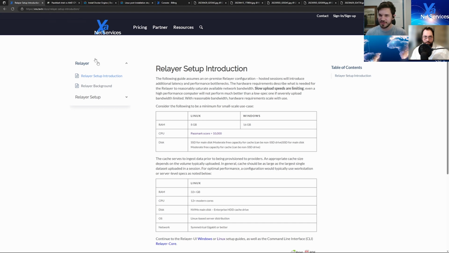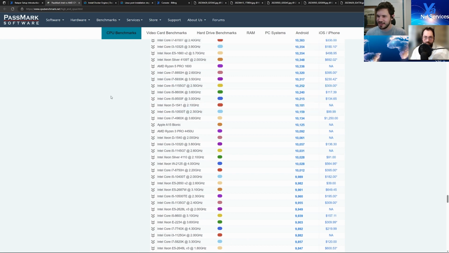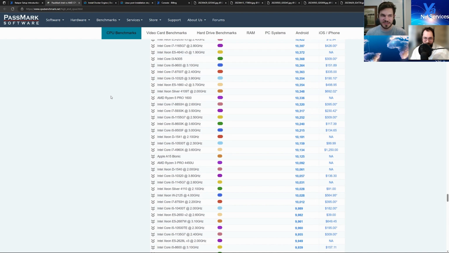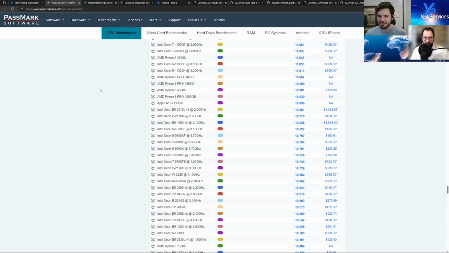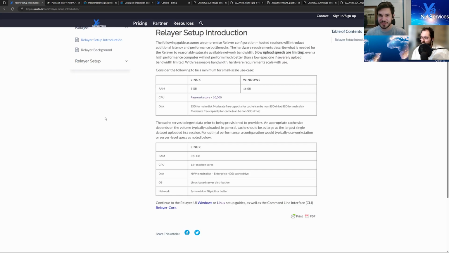If you open up Passmark, if you follow that link, this looks like, let's see, yeah, like an 8th gen i5 or i7, I guess a low power 10th gen i5, that kind of thing. So just something that's reasonably modern, reasonably current, and could handle lots of encryption and erasure coding at the same time. That would definitely help you get the most out of it. But we'll talk about a more ideal setup in a little bit.